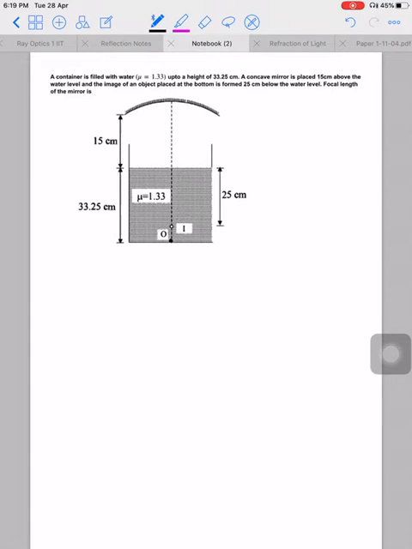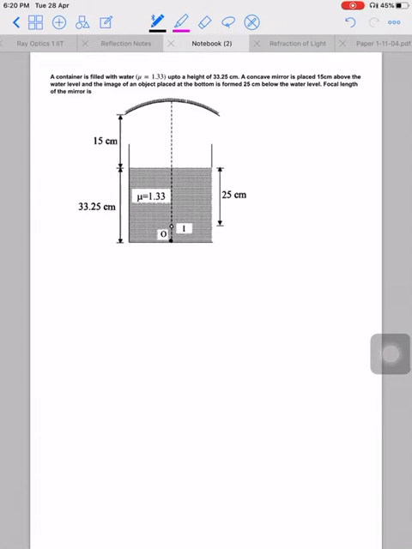The arrangement is given in the situation. Here object is at the bottom of the container. So light from the object initially undergoes refraction at the water-air interface, then reflection from the mirror. After reflection, again refraction at the air-water interface, and then the final image is formed.